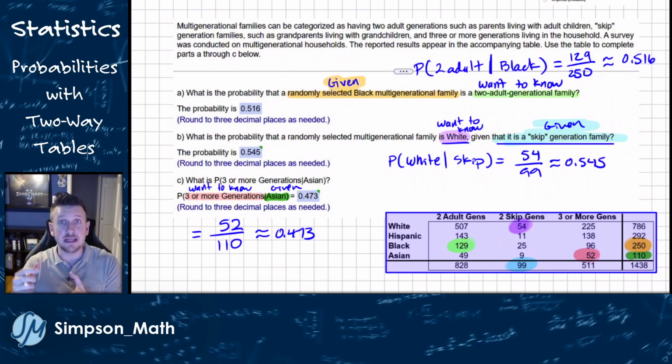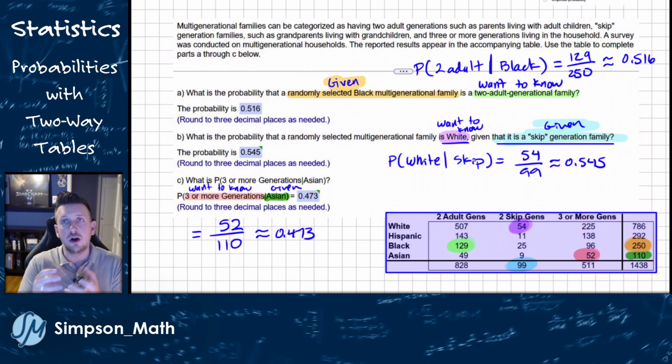I imagine that I have 1,438 ping pong balls. On 507 of them, I have written white, 2 adult gens. On 54 of them, white, 2 skip. On 225, white, 3 or more.